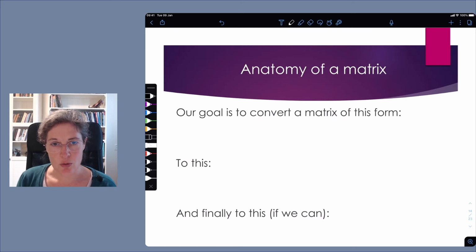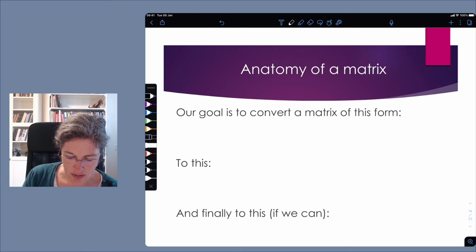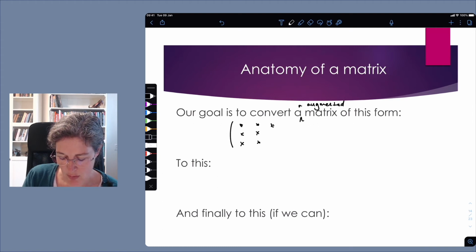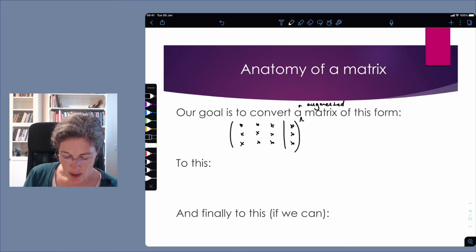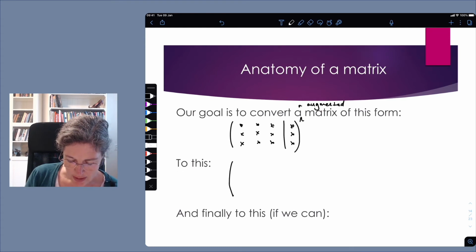So just to remind ourselves, our goal is to take some matrix. So this is really an augmented matrix. So that's something which has entries. We'll just do this as 3 by 3, but there's a whole bunch of entries like that. Our goal is to take it to something that looks like this, firstly.